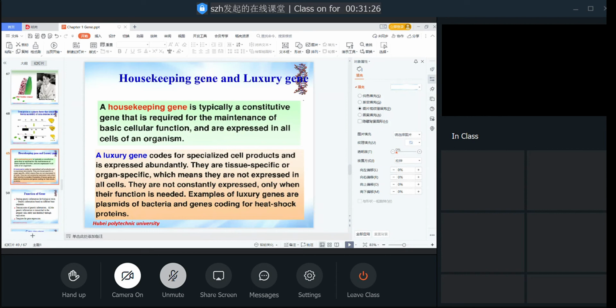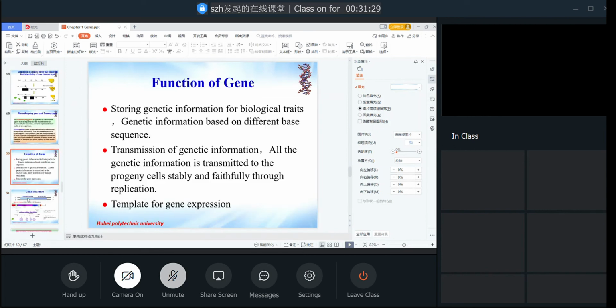Okay, in the first class we studied what the function of the gene is. It's very easy. The genes store genetic information. Maybe students think this function is similar to the DNA. Yes, because the gene sequence is a DNA sequence, so it also stores genetic information, based on the different base sequences.